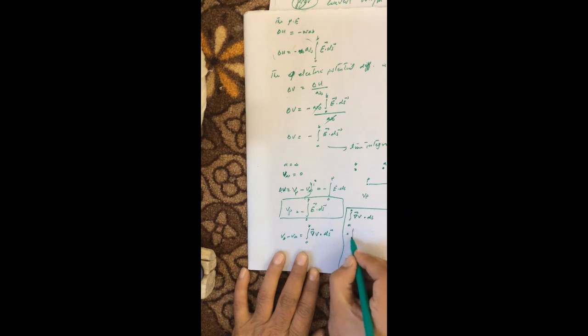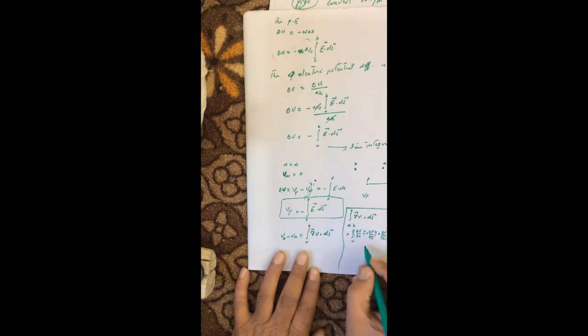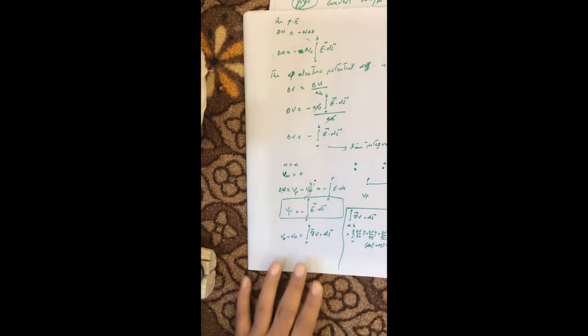Del V can be written as partial V over partial x into i plus partial V over partial y into j plus partial V over partial z into k. And ds, a differential vector, can be written as dx into i plus dy into j plus dz into k.